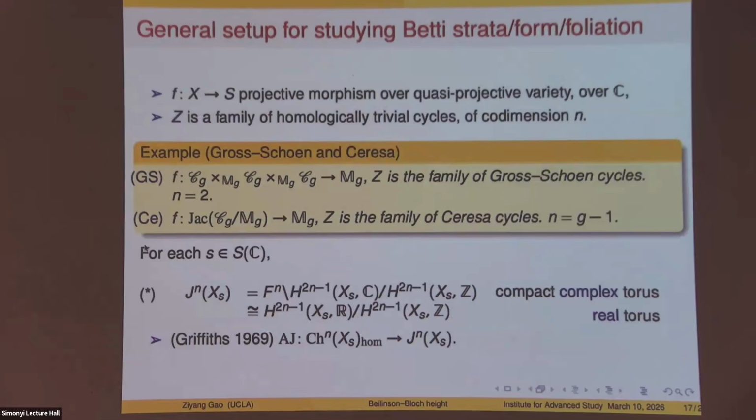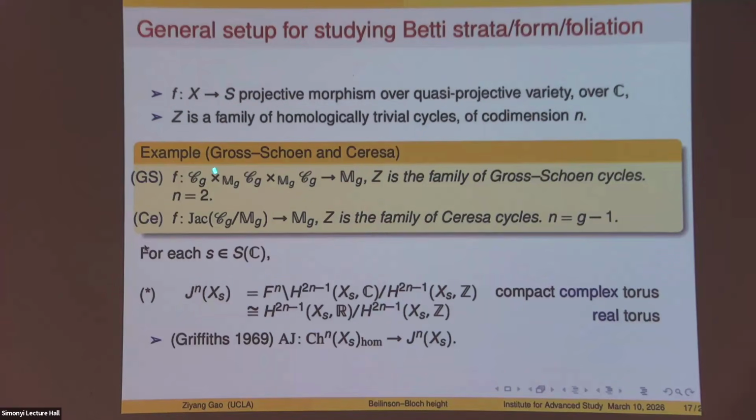So I'll do this setup in a more general situation, that's any family. So we will take a family of projective varieties over C. So S is quasi-projective. It could be Mg, for example, in our case. And X is a family of projective varieties like C^q or the Jacobian.